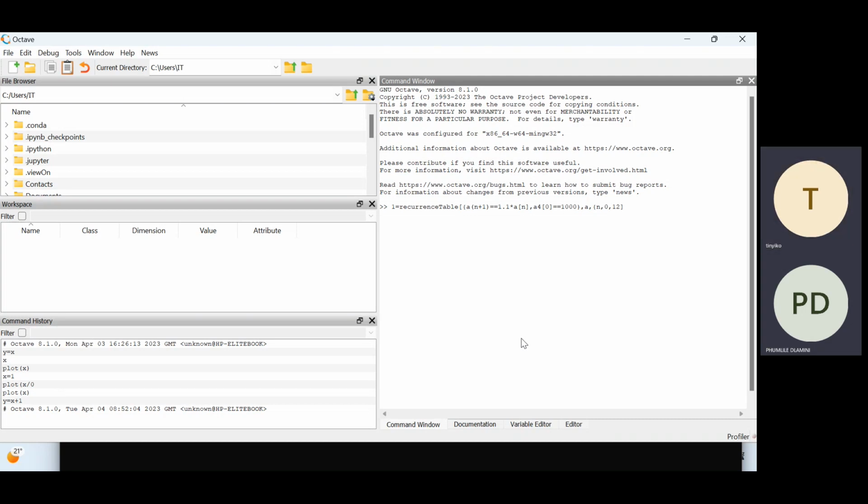This is just a recording of the formula. I need it to generate values from 0 until 12. It's going to mark 0, 1,000, 1,100, 1,210, repeating the answer until 12.